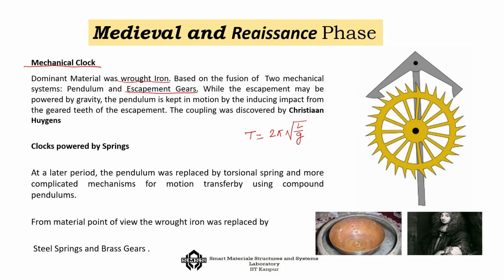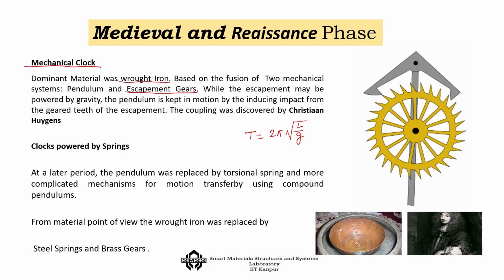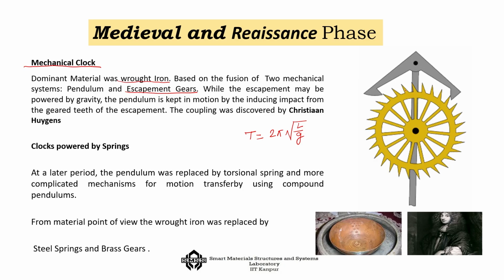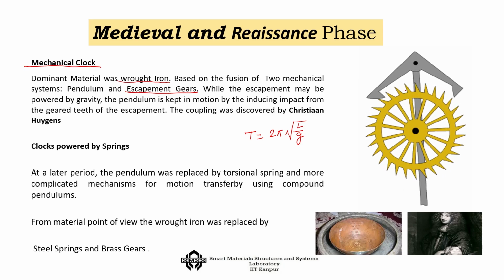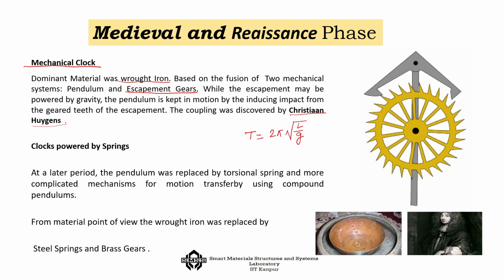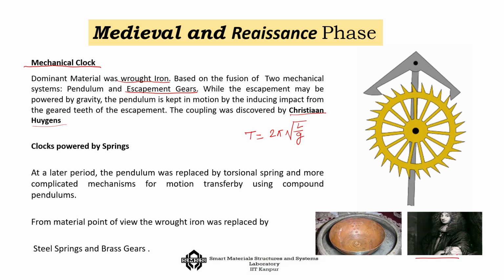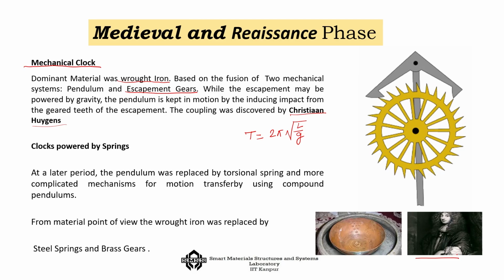So that is why this impactor is there, that actually gives a little bit of mechanical energy to the system, and so it never dampens so fast. So this is how Christian Huygens, okay, his great role was to first develop this kind of a mechanical clock.